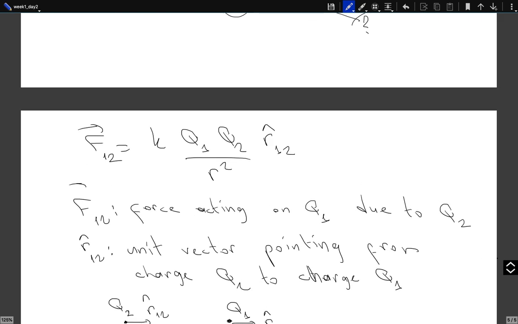So why is that? Well, this is the expression of our force. If Q1 times Q2 is negative, multiplying a vector by a negative number just means multiplying the magnitude of the vector by the magnitude of the negative number and reversing the direction. So if Q1Q2 is negative, then Q1 times Q2 times this vector already points in the opposite direction.